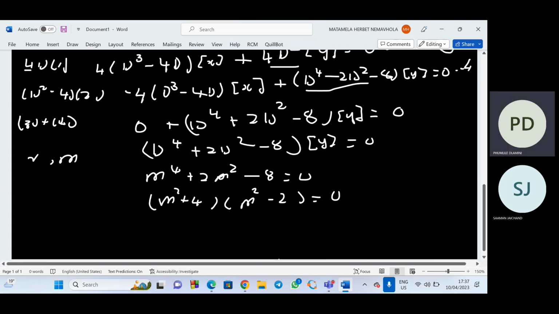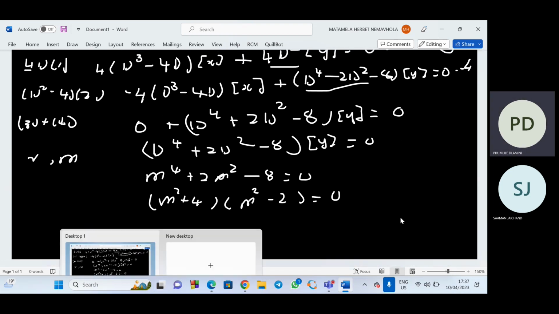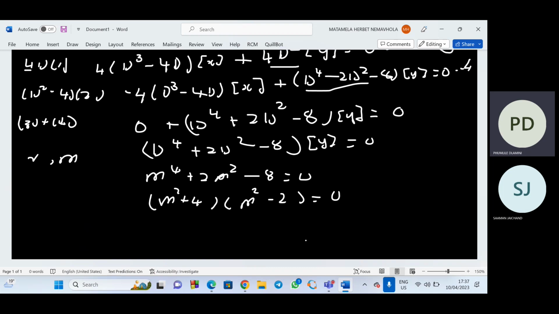So when we have this, our m squared is going to be equal to minus 4, or our m squared is going to be equal to 2.